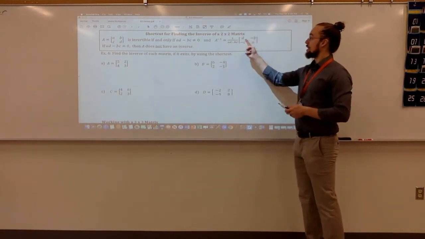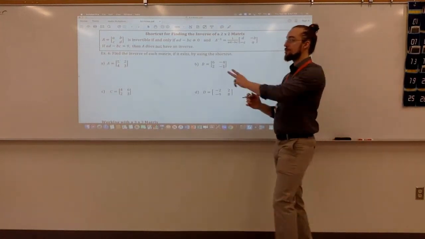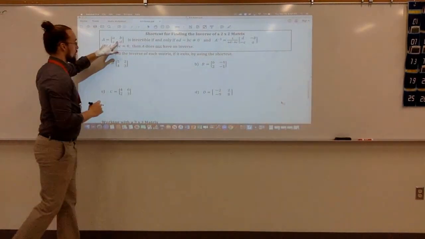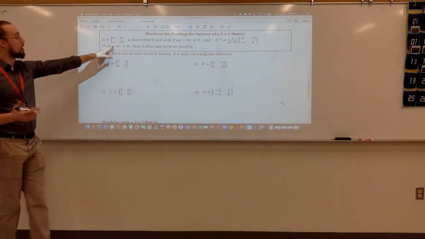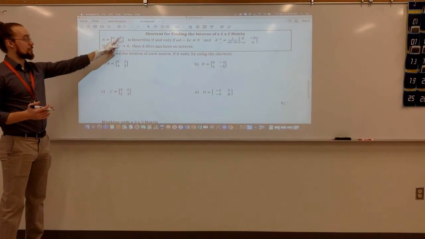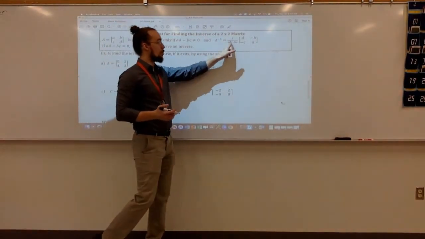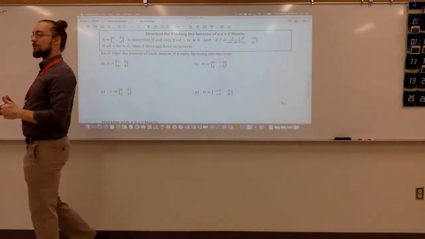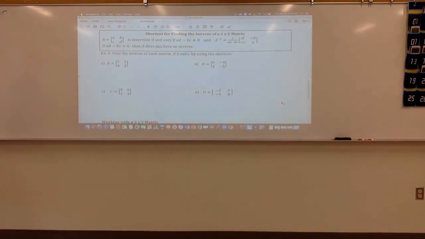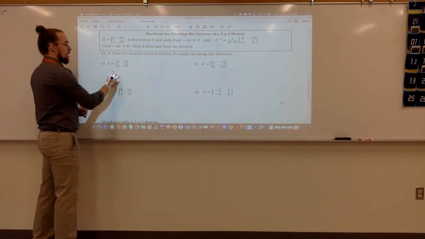And then I'm just taking the opposite of both of these. Those don't switch. Right? So if I'm looking at my original matrix, I switch these two entries in the diagonal, and I just take the opposite of these. And then I'm multiplying that whole thing by 1 over A times D minus B times C. Okay? So let's try one together here.